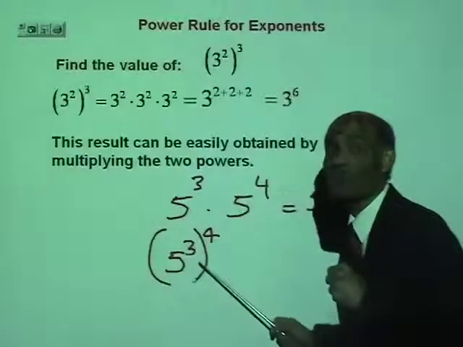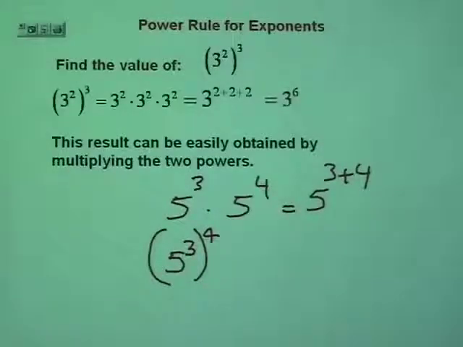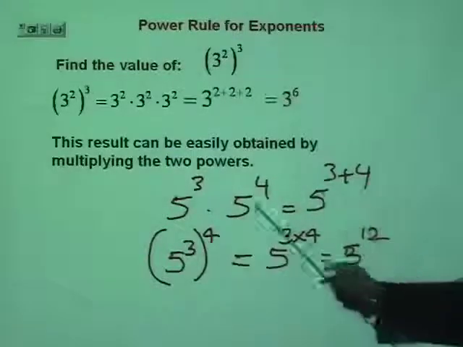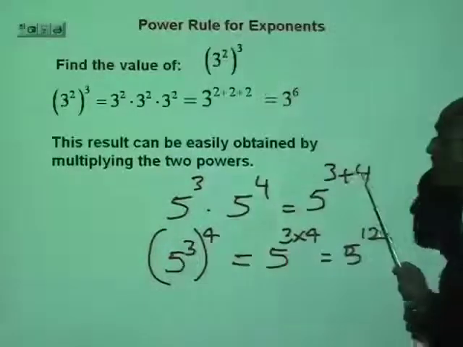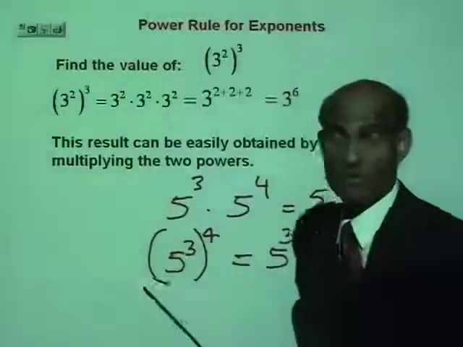This will be 5 raised to the power of 3 multiplied by 4, and that will be 5 raised to the power of 12. So you must be very sure about when to add exponents and when to multiply the exponents.